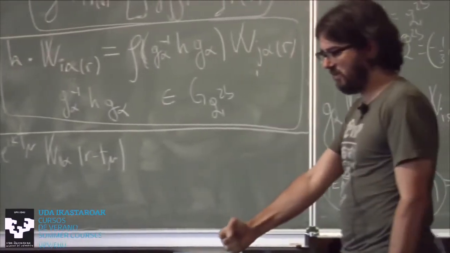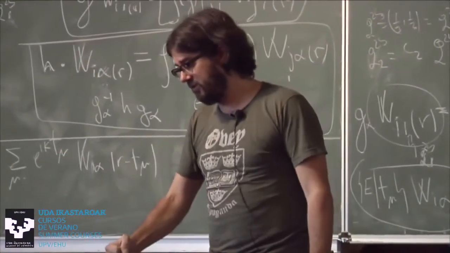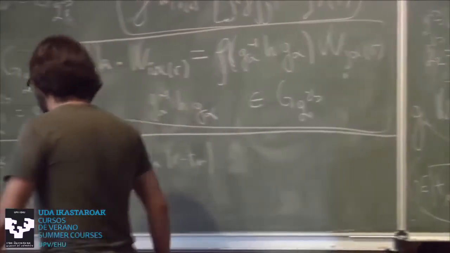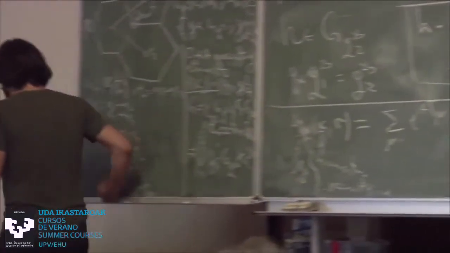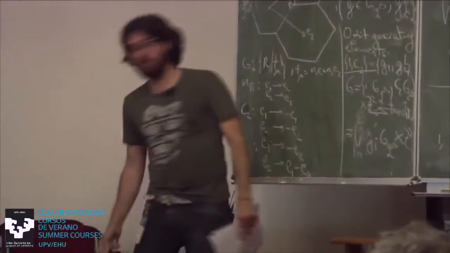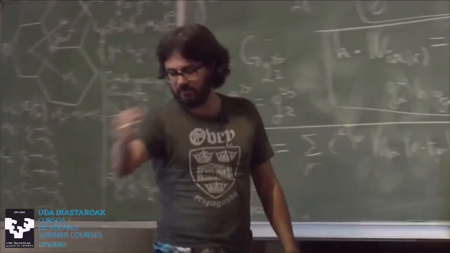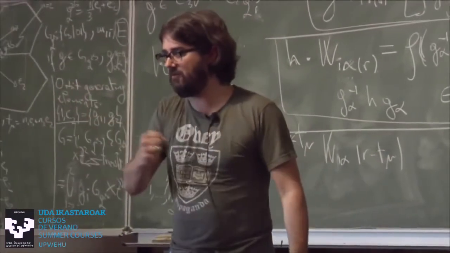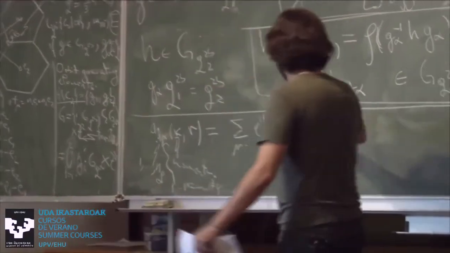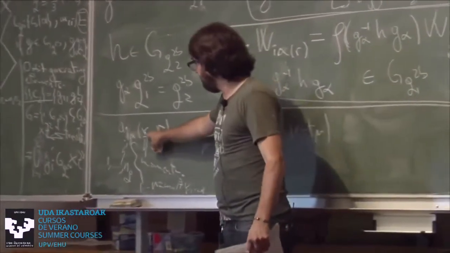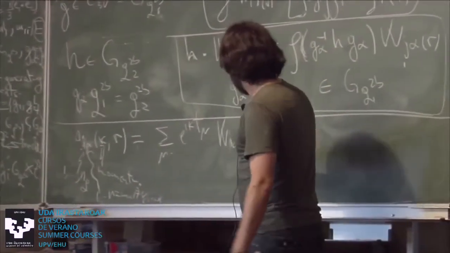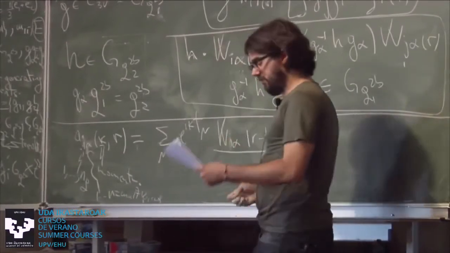If I know them at one position, I can use group theory, and I know them at one position because I have the representation of the site symmetry group. I know them at all Wyckoff positions in the unit cell. If I know them at all Wyckoff positions in the unit cell, I just translate them everywhere. I form a band. This is the k momentum Fourier transform of the orbitals in real space.